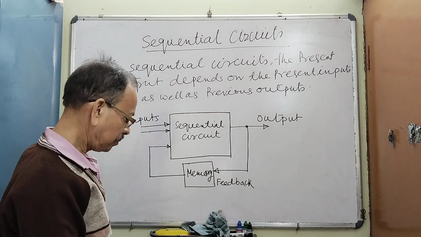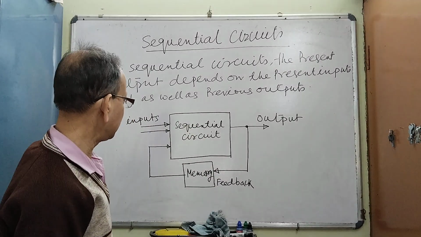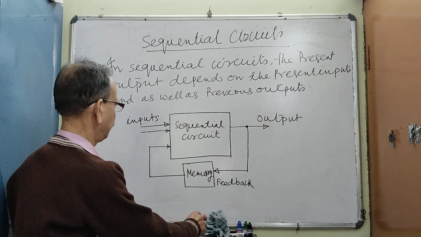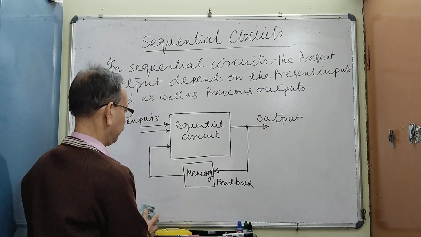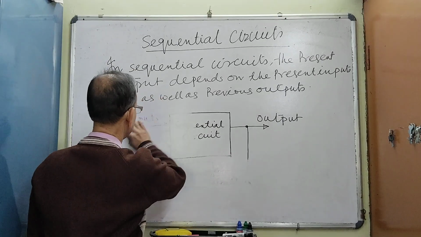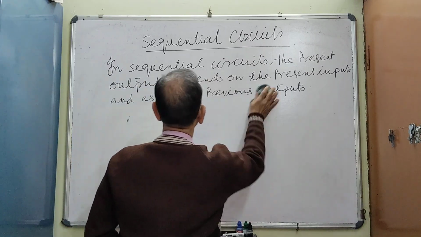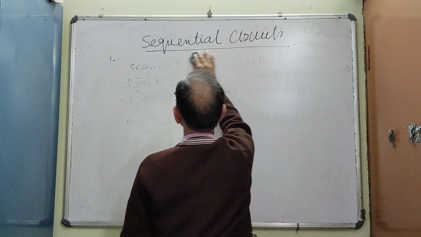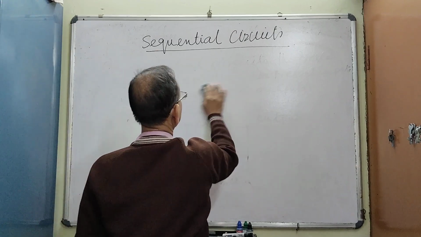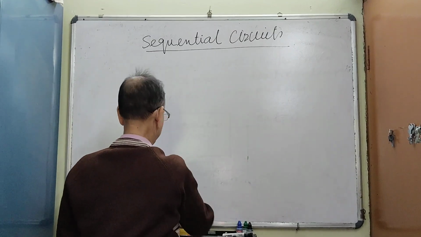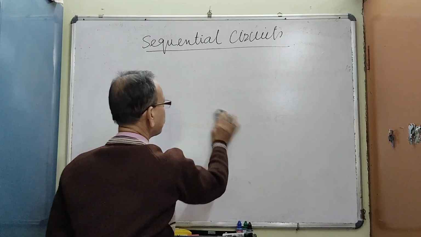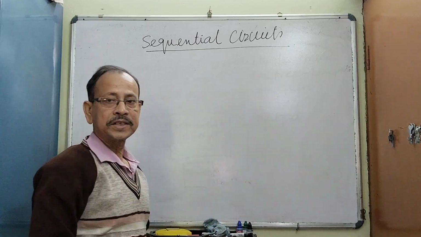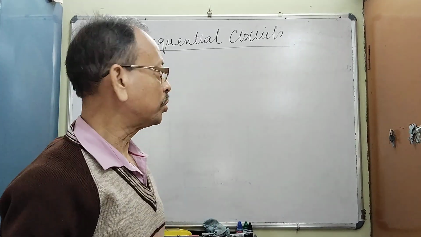Now, what are the different types of sequential circuit? Sequential circuits are basically two types.